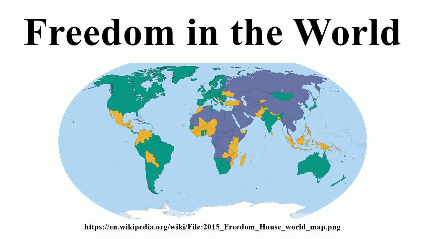Sub-Saharan Africa key. Asterisk: electoral democracies; PR: political rights; CL: civil liberties; free status: free, partly free, not free. The same key is repeated for the Americas, Asia Pacific, Eurasia, Europe, and Middle East and North Africa.